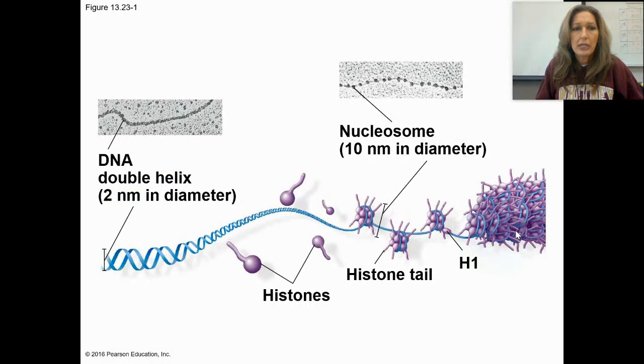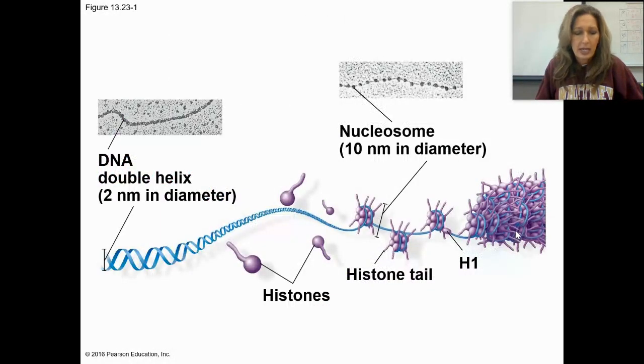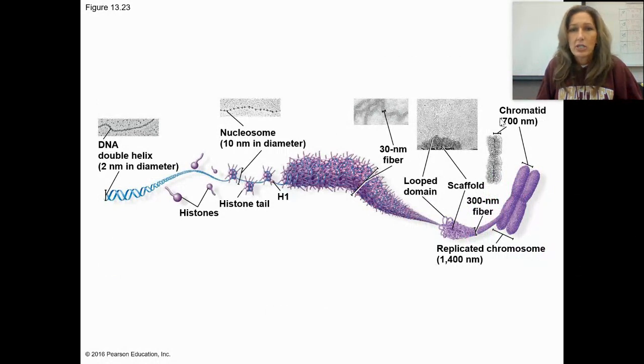Now, as it's organizing, make sure you know the difference between heterochromatin and euchromatin. When we talk about chromatin, there are still histones involved, but there are regions that are tightly packed and regions that are loosely packed in our cells.